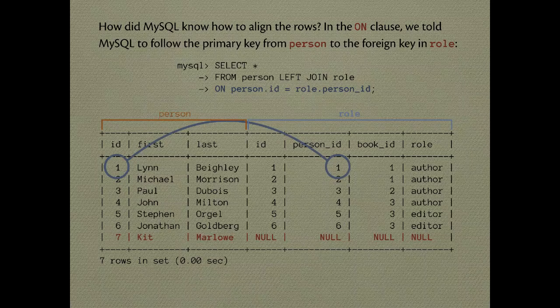So it's not intuitively easy to deduce, perhaps, that we're matching person.id to role.person_id. But that's what the on clause says. So this is how it lines up. Now, if we were missing some, that's okay. These are the 2 columns that MySQL is going to use to align the 2 tables.